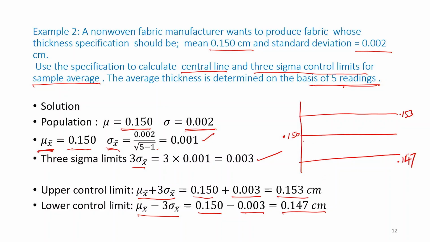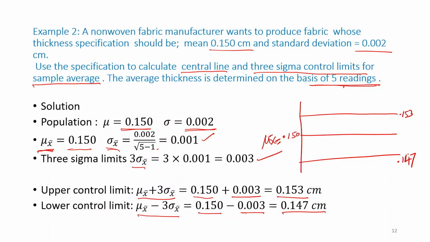That is when the plot is x bar. This is actually mu x bar, because I am plotting not the exact individual values, but the average of 5 readings always. So these are basically average values.